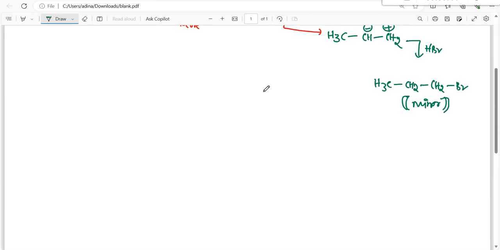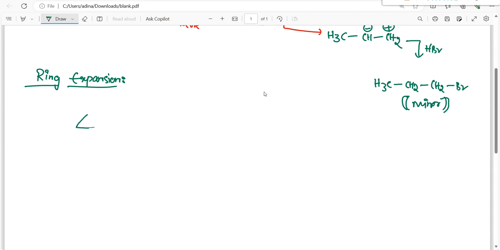Now let us understand what is meant by ring expansion. Ring expansion is based on the fact that when the ring is small, more strain is present on the ring.